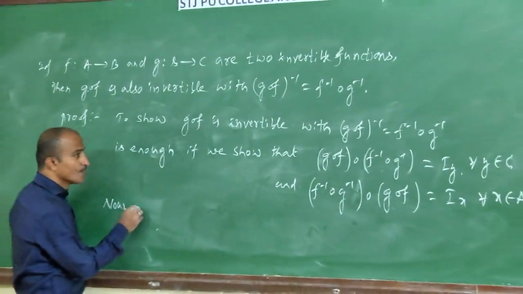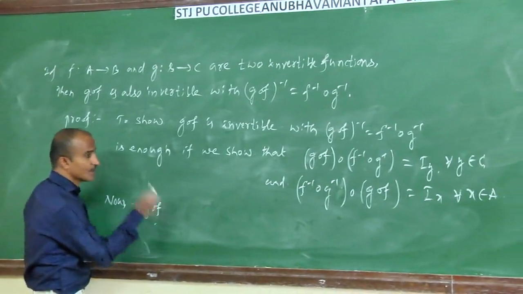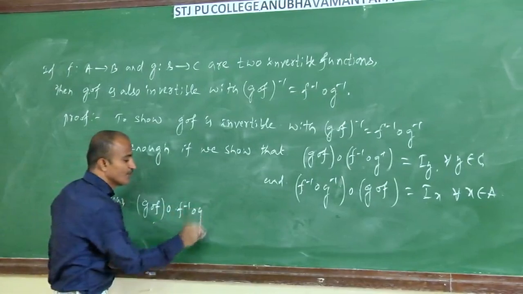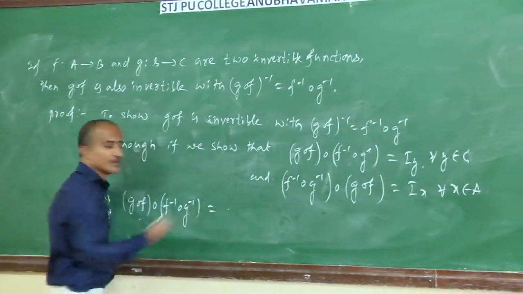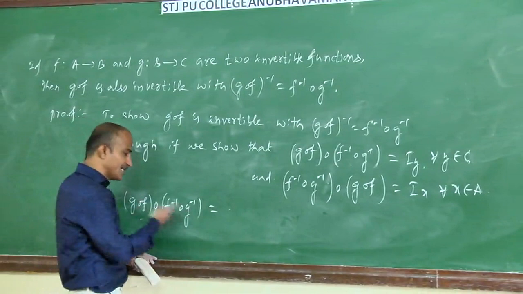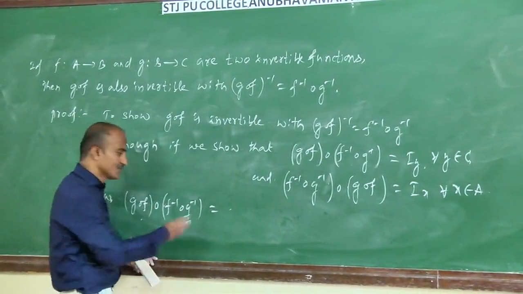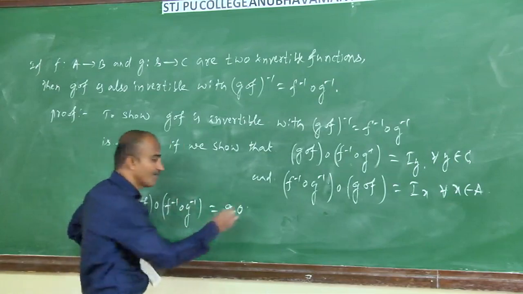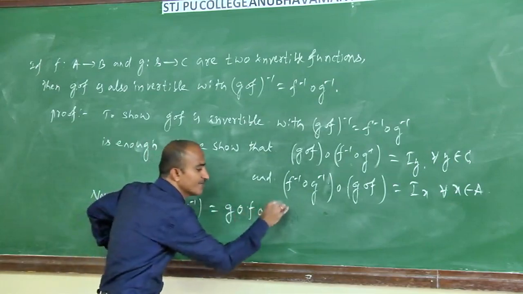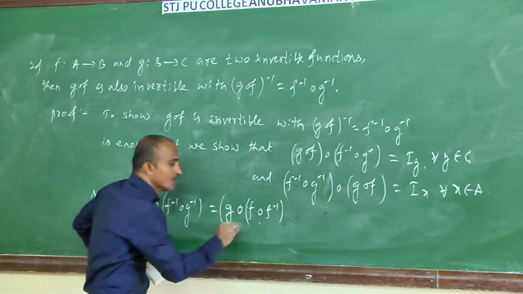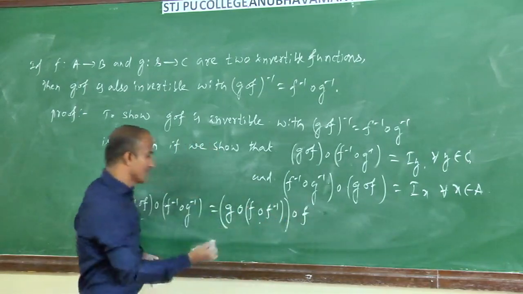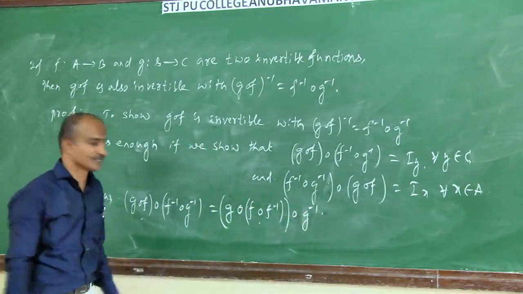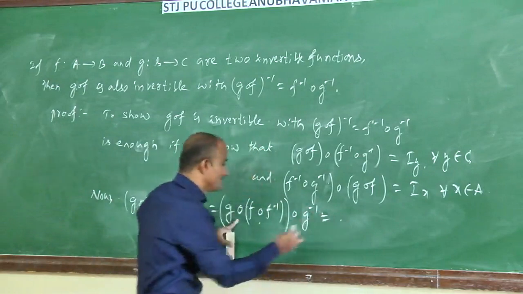Now (g∘f)∘(f inverse ∘ g inverse). By associativity property, we will regroup the functions: g∘(f∘f inverse)∘g inverse.